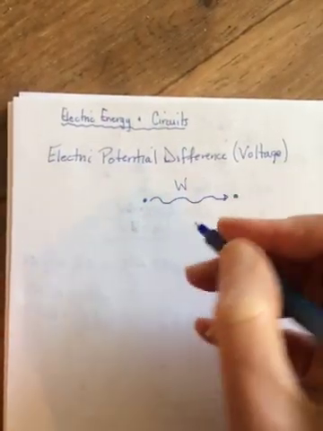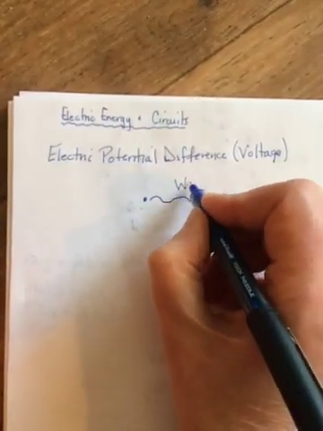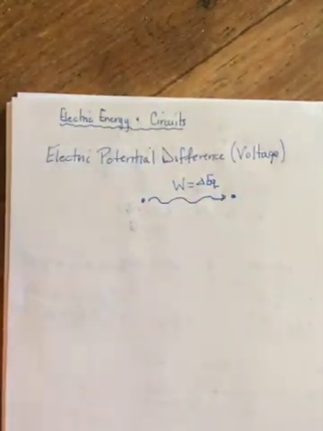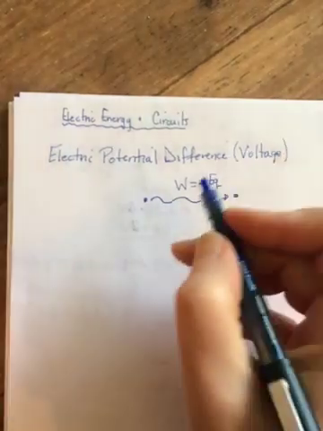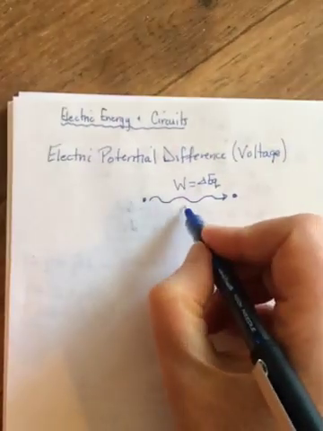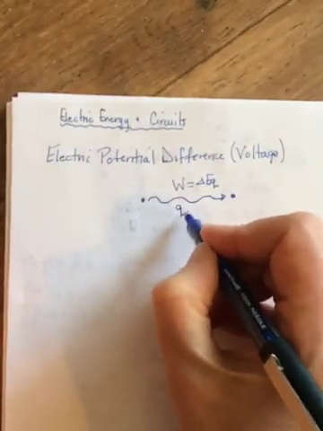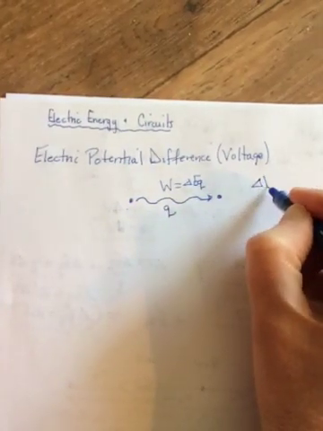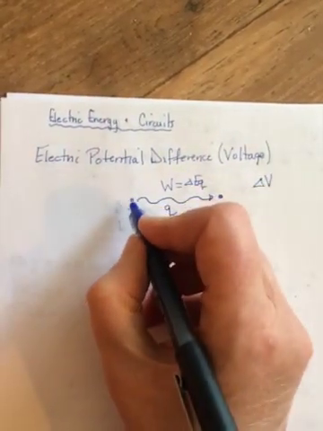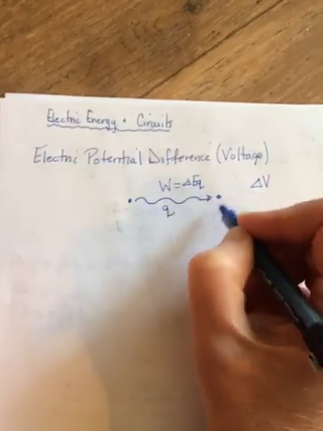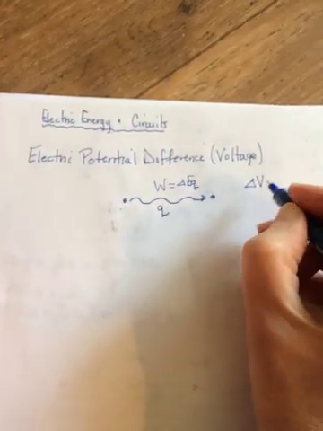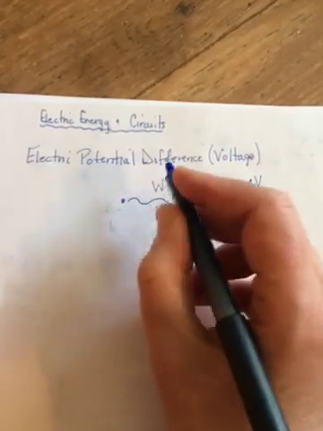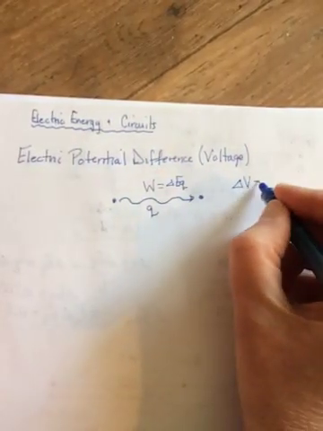And that work was equal to the change in the electric potential energy. And we were moving some charge Q, and so as a result, we got a change in potential. So whatever the voltage was on this side, it became something different as a result of the work that we did. Or if we knew what the change was, we could figure out how much work we needed to do.